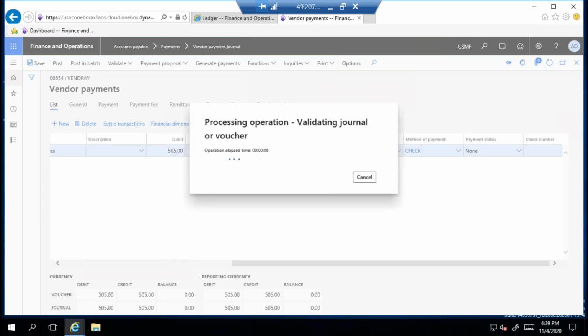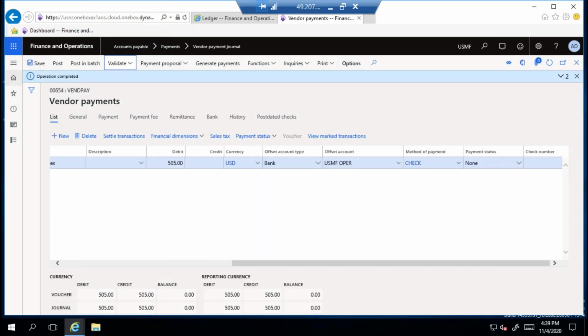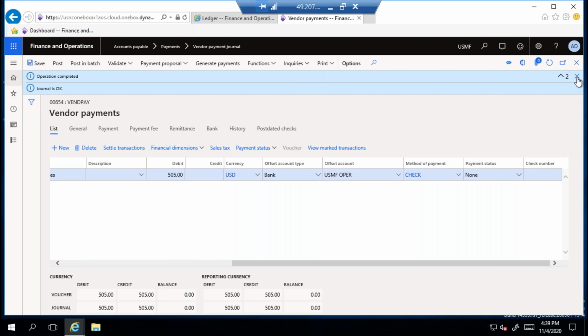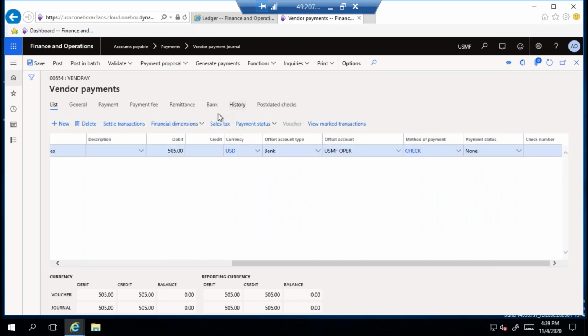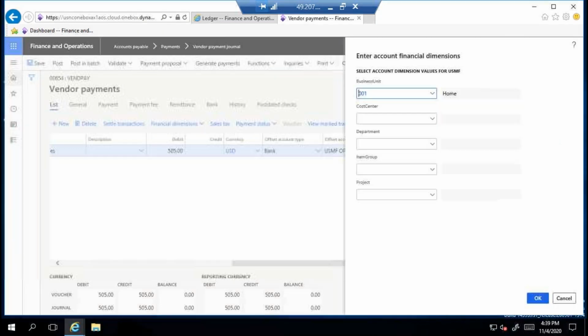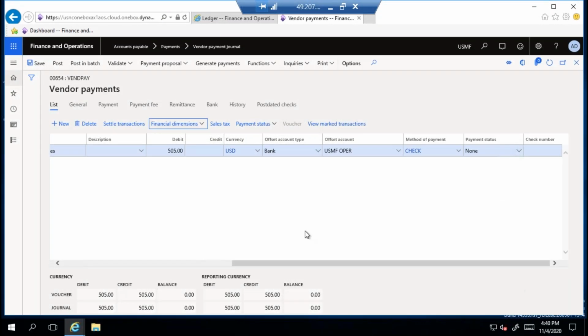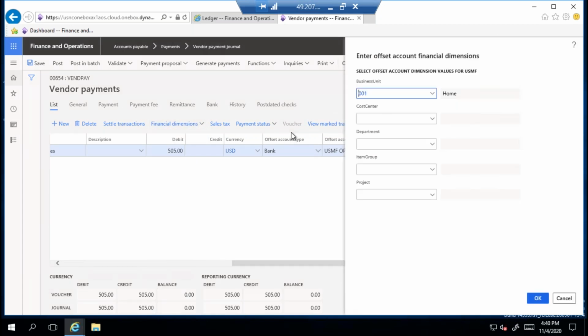So what errors am I getting? Let us understand. I understood that in the financial dimensions, it is already populated. Let me remove these dimensions first. It is populated automatically. That is the reason we are not getting any error messages.